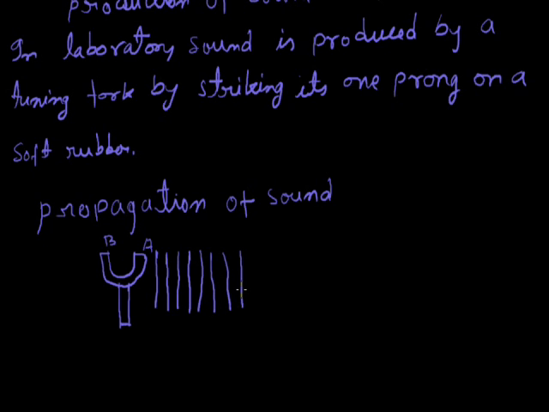Now what will happen when there is a disturbance in the prongs? It means either they are stretched or compressed. Suppose it is stretched, then what will happen? Suppose now the position is like this.